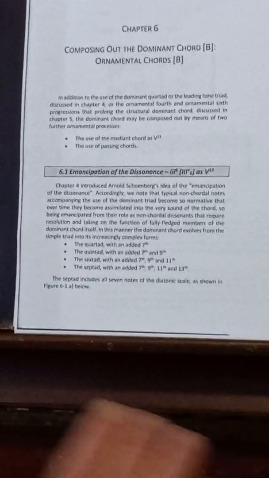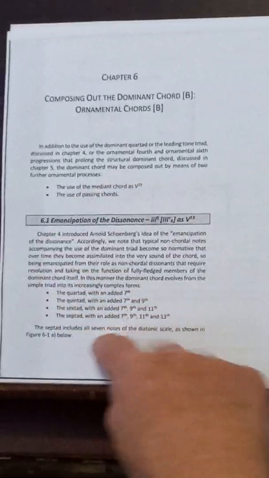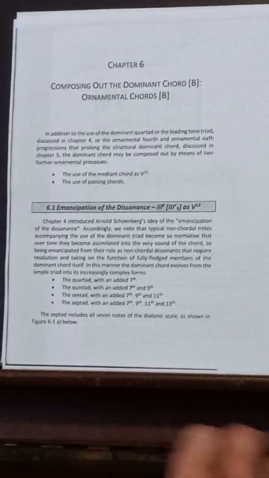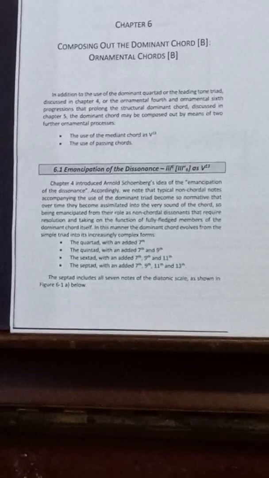So instead of having all of those different options that were in chapter 5, the dominant has developed its own set of ornamentations that is dealt with in this chapter, that I just want to go over with you.